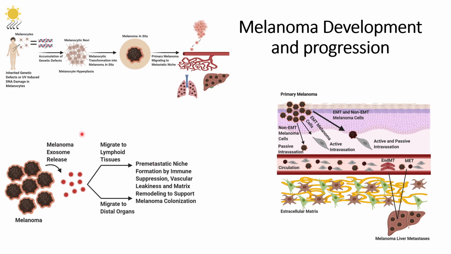So here the bottom figure shows how this melanoma metastasizes to different parts of the body. This melanoma will lead to the release of exosomes, and these exosomes then migrate either to the lymph node tissue, or they can migrate directly to the organs.